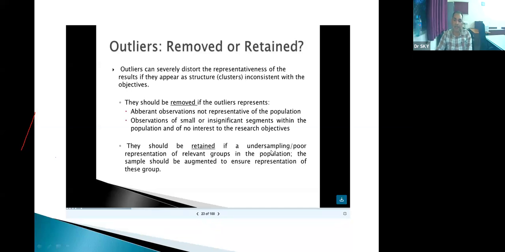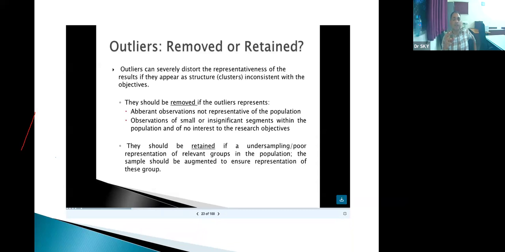If undersampling or poor representation of the relevant groups in the population is there, the sample should be augmented to assure representativeness of these groups. Suppose that type of observation is present in the population and we have taken only a single one. What do we do? We used to say in sampling theory that the sample should be well representative of the population.